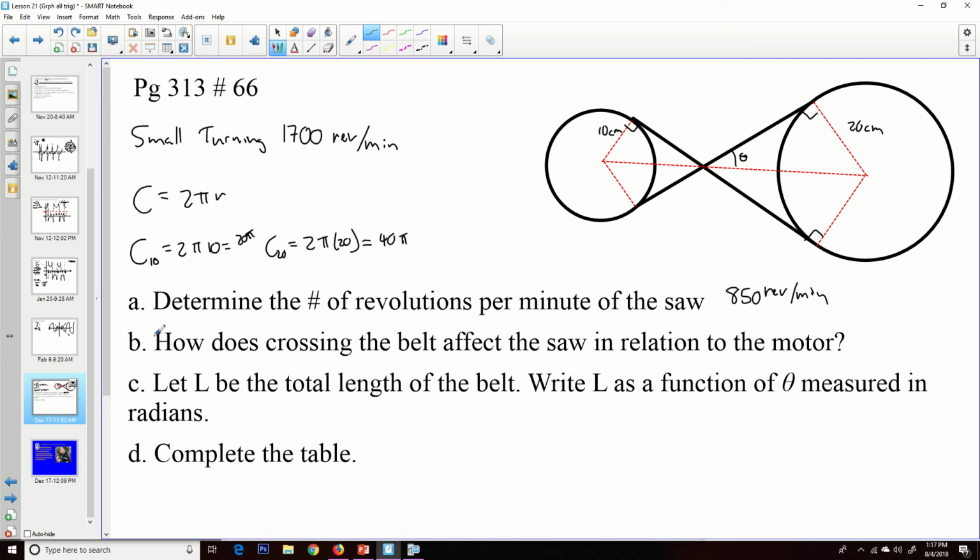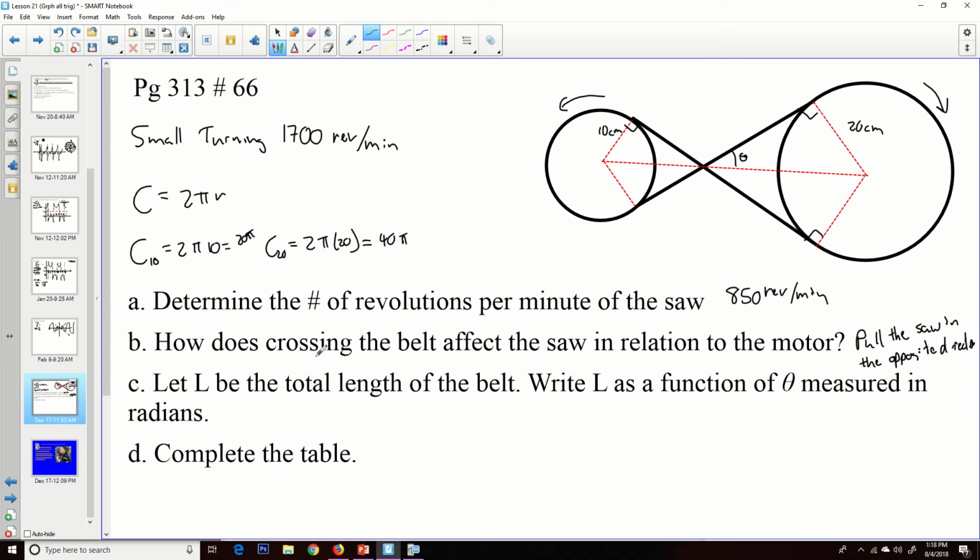So how does crossing the belt affect the saw in relationship to the motor? If the saw is going this way, it's going to be pulling this wheel this way, and so it's going to pull the other wheel in the opposite direction. So it pulls the saw in the opposite direction.